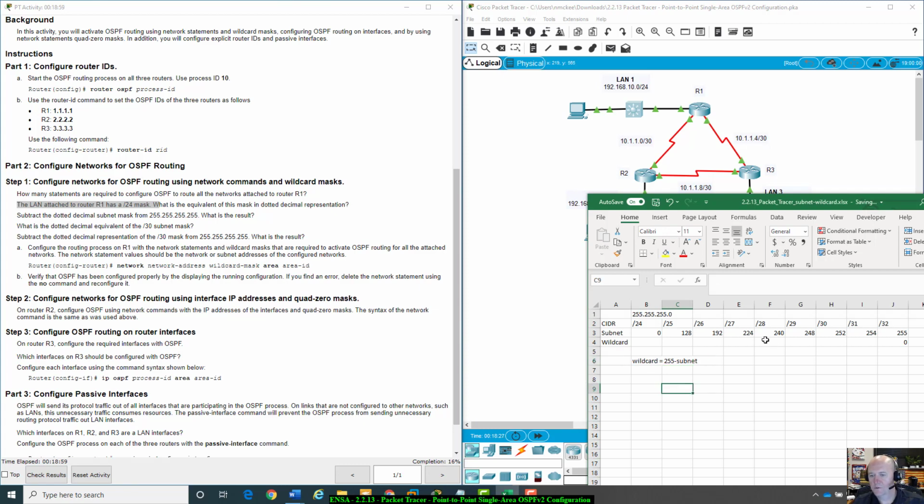All right, so hopefully that makes sense. So right here, /31, that's 255 minus 254 is .1. All right, 255 minus 252 is 3. All right, this is 7. All right, 255 minus 240 is 15. All right. Let me make sure I don't add up wrong.